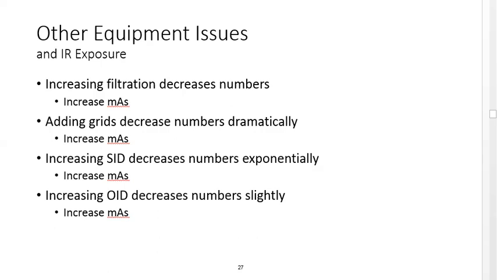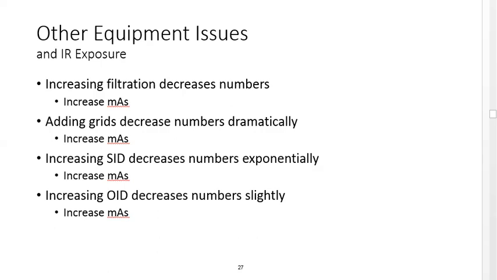If you increase your SID, then your numbers decrease exponentially. That's our inverse square law. If you go from a distance of 40 to 72 inches, then you have to increase your mAs by a factor of 3.25. If you go from 40 to 80 inches, you would have to increase your mAs by a factor of 4. So the inverse square law tells us what our change in intensity is with increased SID.